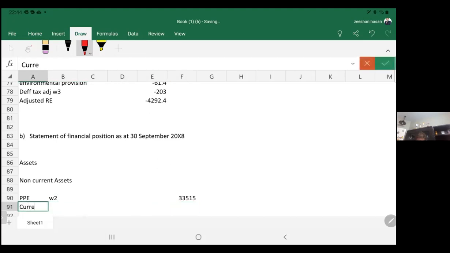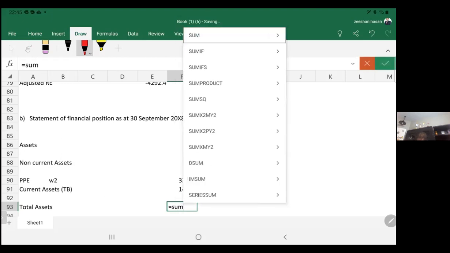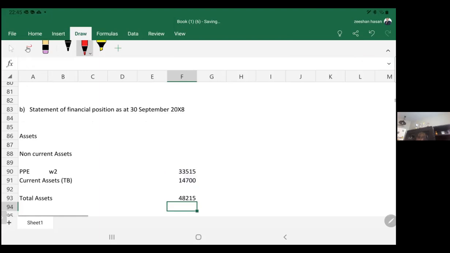Current assets, as per the trial balance, 14,700. We will get total assets, sum, 48,215.